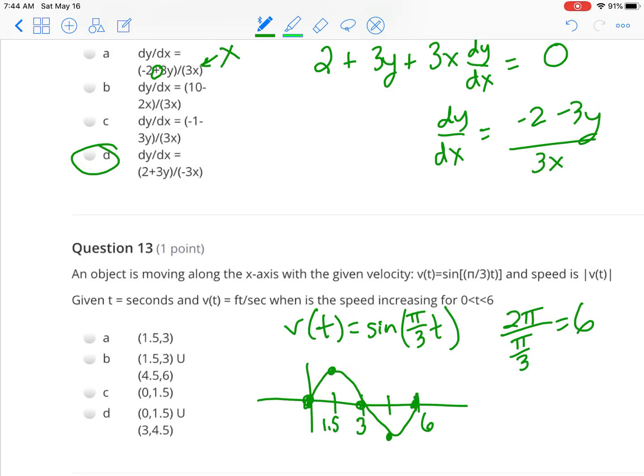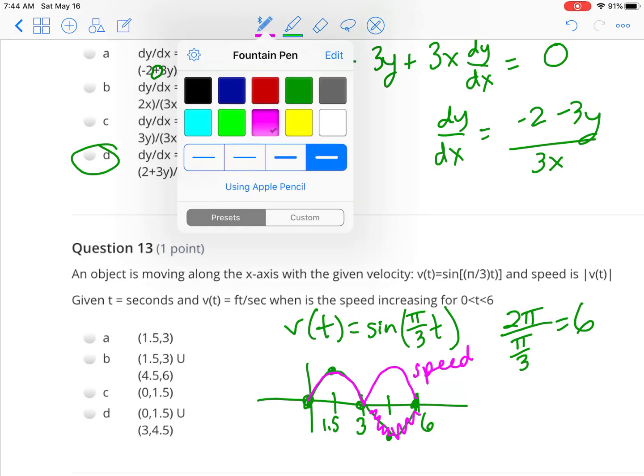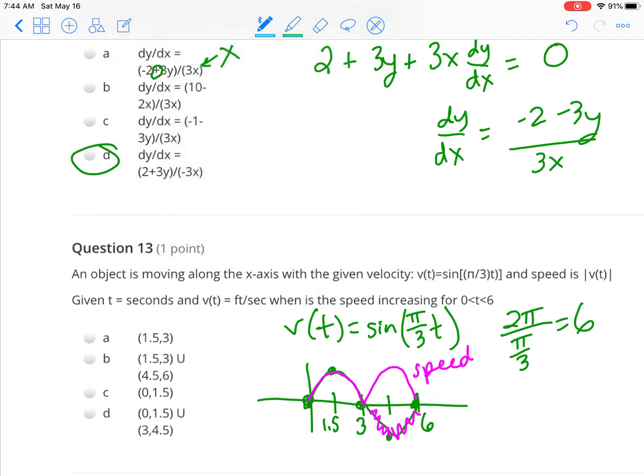So since speed is the absolute value, wherever velocity is below the x-axis, speed would be above the x-axis. All right, so now the speed graph is drawn because it's the absolute value of velocity. So speed is increasing from 0 to 1.5 and from 3 to 4.5.